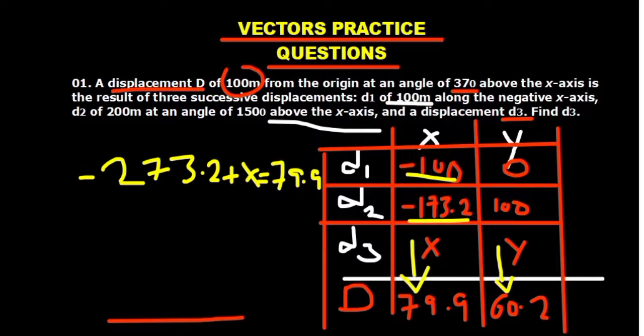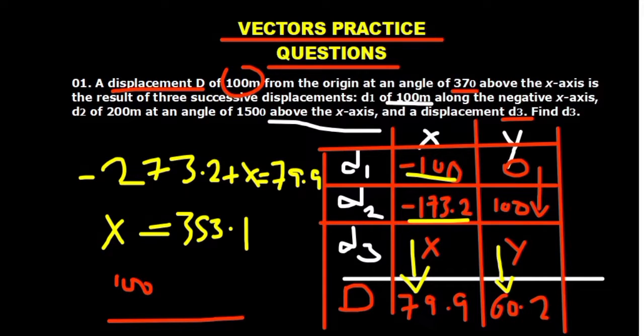Taking the 273.2 to the other side, x becomes the addition of 79.9 plus 273.2, and what I'm getting is 353.1. So that is our x. We can now find our y. Our y will be 0 plus 100, which is just 100, plus y, which is supposed to be equivalent to 60.2.